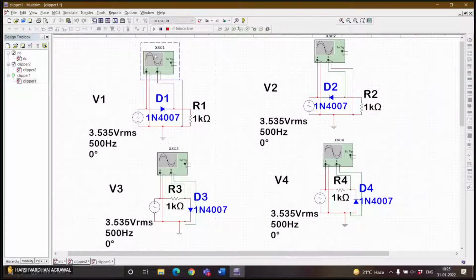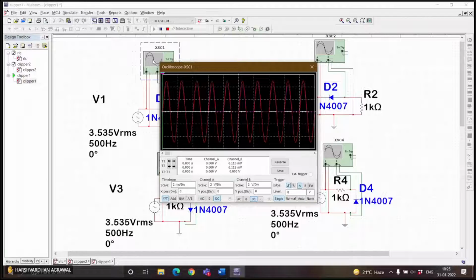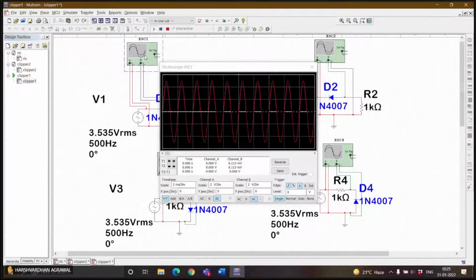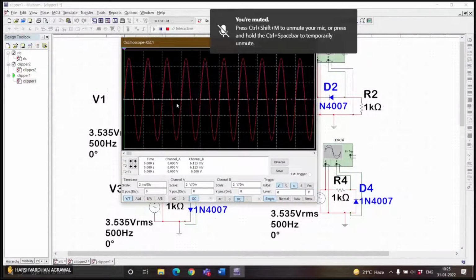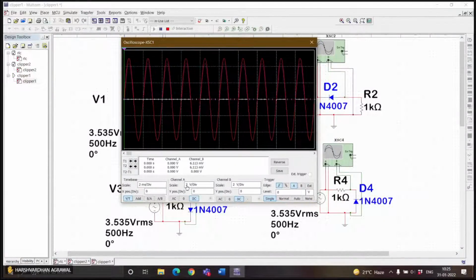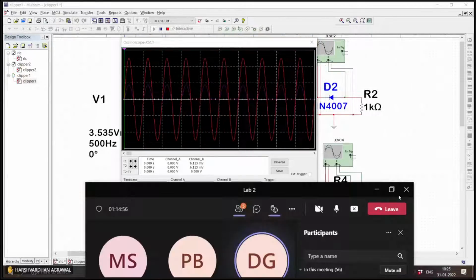Ma'am, here the first one is a negative clipper with zero reference, and this is the output here. Is the graph visible? Actually, the graph is not visible. Okay, ma'am, one second. Actually, the screen is stuck. Can you please stop and share it again?